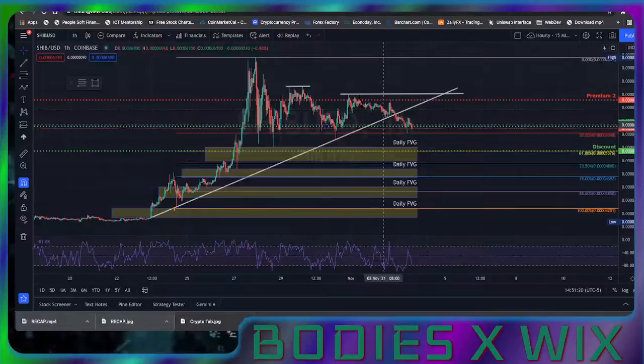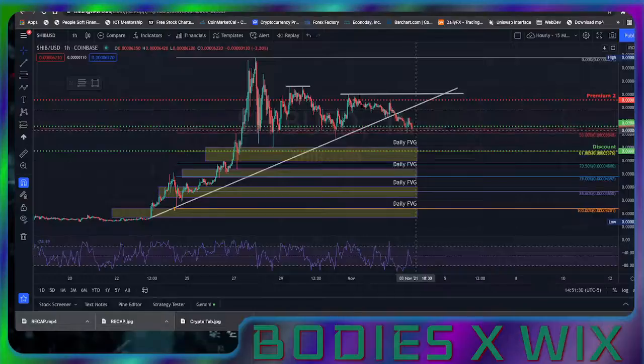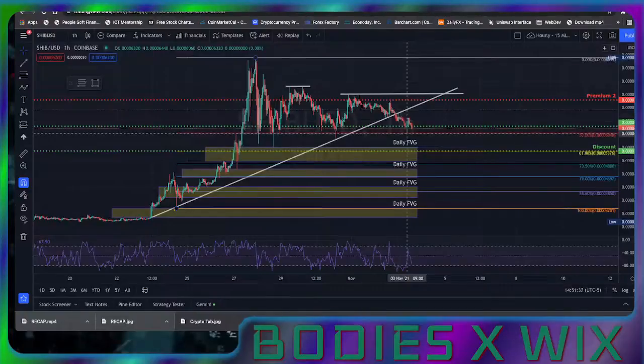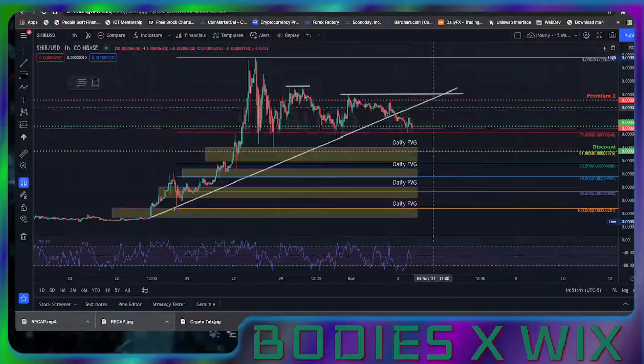Now the question is, where's it going to go? Right? I still don't think it's hit its low point. I think a lot of people are thinking right now it's at a safe spot, or a safer support level, I guess you could say. And I don't think it is.